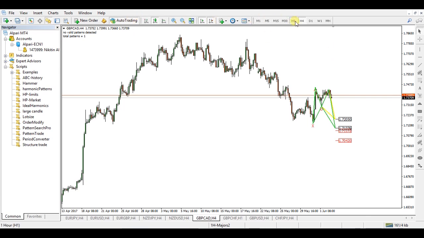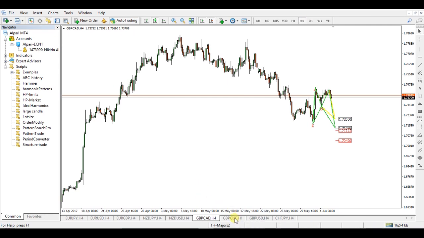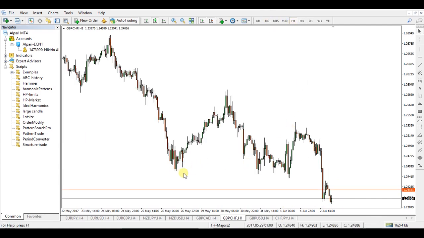Now let me switch to 1 hour, and it looks even better on 1 hour. After that downtrend, we have that wonderful patterns. Let's go to GBP Swiss, GBP CHF. Well, nothing here to stop that downtrend, and nothing here as well.